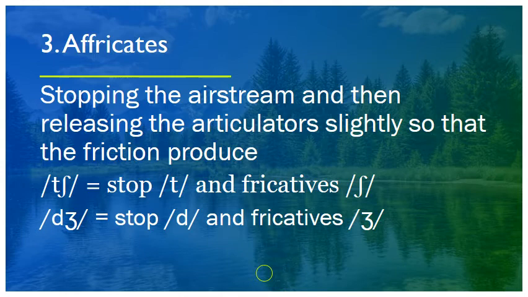J is made by the combination of d as the stop sound, and it releases the sound in a high friction by the fricative sound of zh. So the combination of both becomes the sound of j.